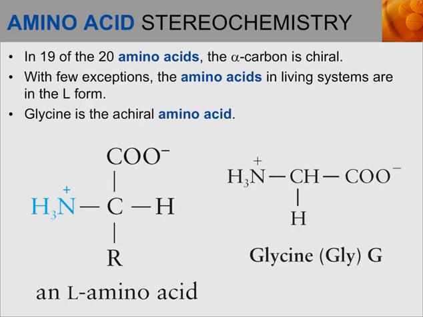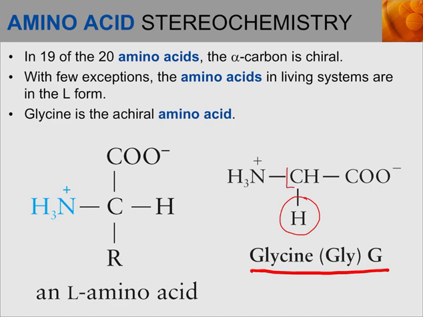All right, so out of those 20 amino acids, 19 of them are chiral. So the alpha carbon in particular is chiral. There is one exception, that is glycine. So glycine is probably our simplest amino acid because the side chain is just another hydrogen.